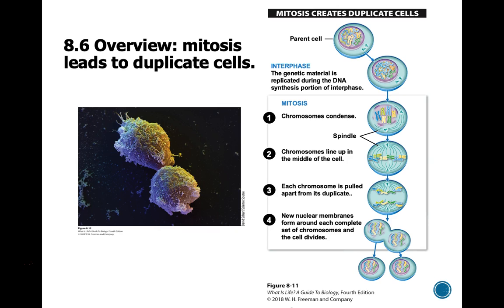So let's talk about the process of mitosis. Mitosis basically produces identical daughter cells. We're going to start out with a parent cell. We're going to go through interphase, meet all of our checkpoints, and then the process of mitosis.